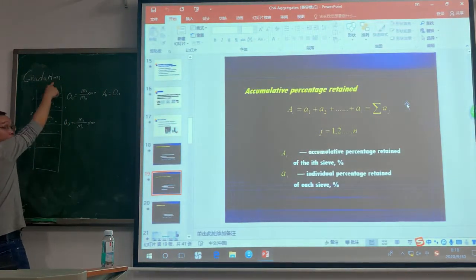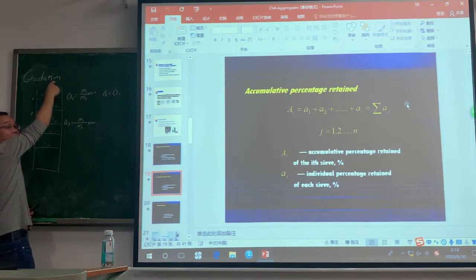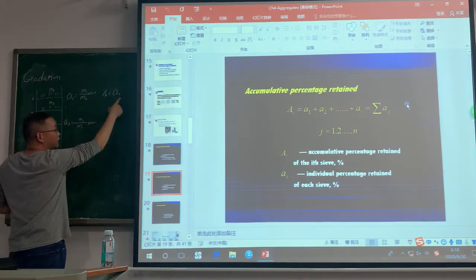Because there are no sieves above the first one, this one is equal to this one.